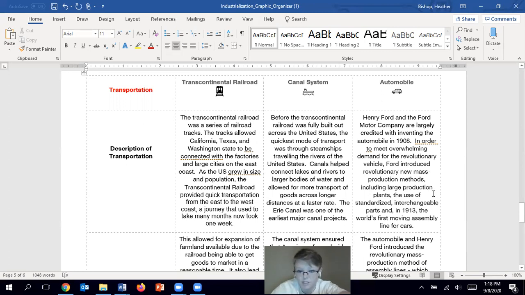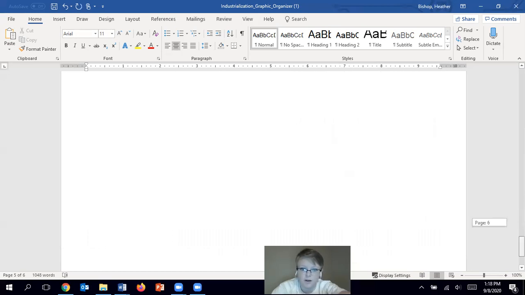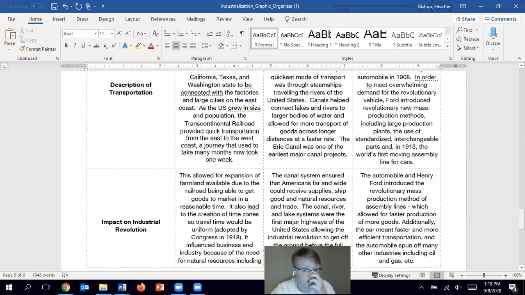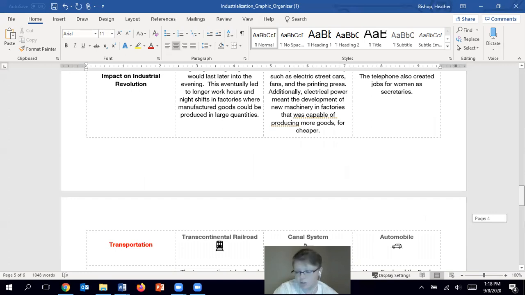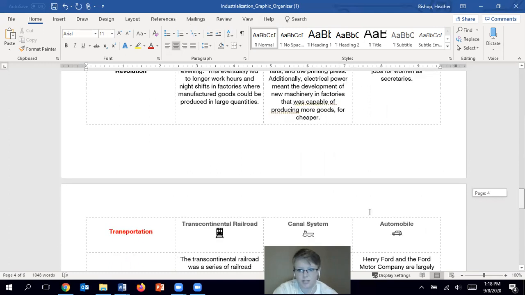It gave everybody a specific job, and it made it super easy to get a large product mass produced. So that's going to lead to mass production of automobiles, but it's also going to be used in other manufacturers as well. So it's like the difference between if you sit down and make a hand-carved pencil and somebody in a factory making 100 pencils a day. You know, that's what revolutionizes it with the automobiles.